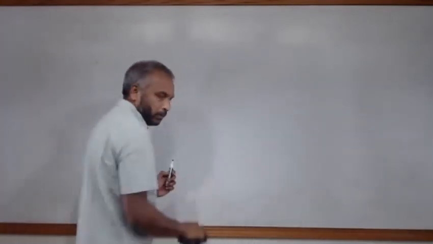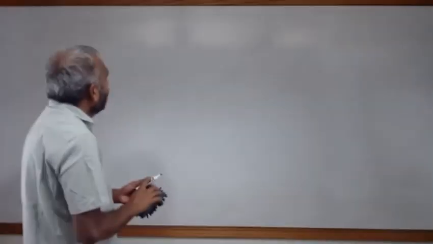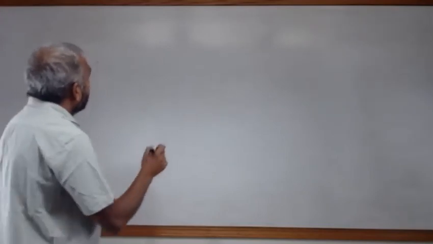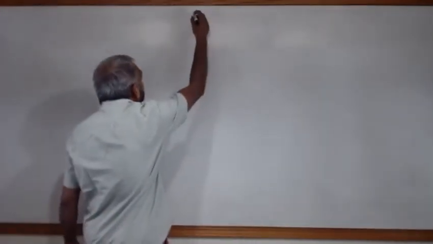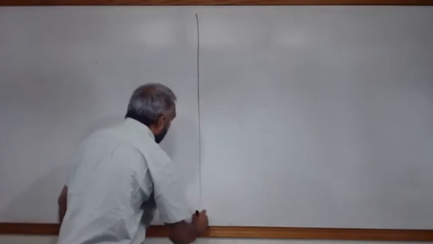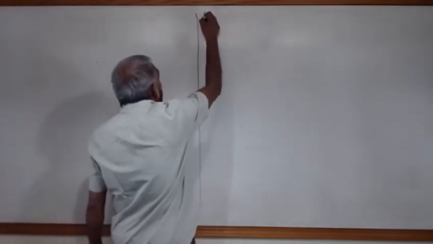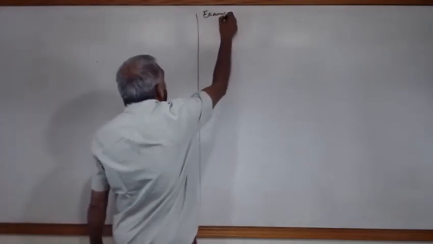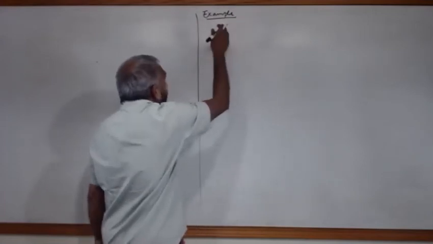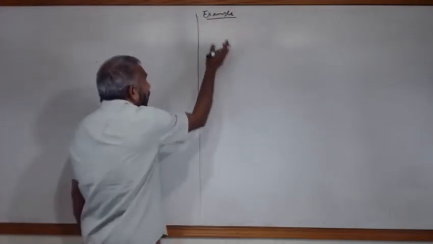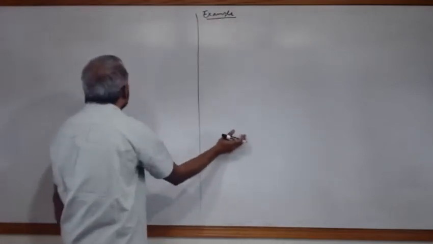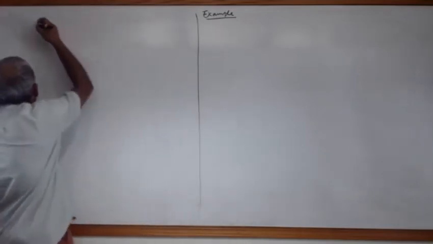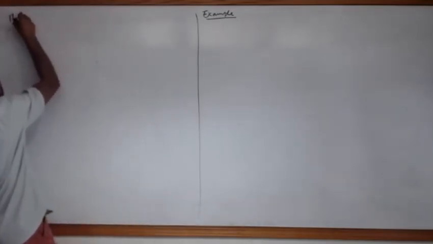So the way I'm going to state the theorem is like this. I'm going to start with an example, and when we progress with the example, we are going to state the theorem here.